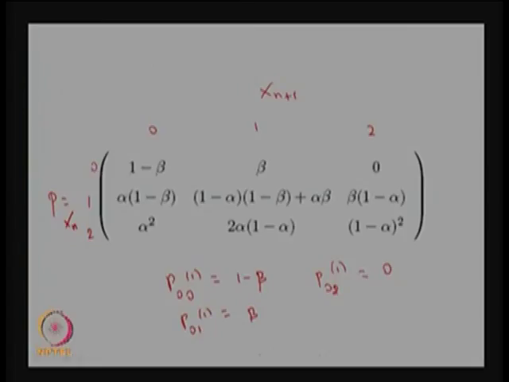And similarly, now we can visualize the probability that the number of working machines is 1 in the nth step and 0 machines will be working in the n plus 1th step. That is possible with two independent things.